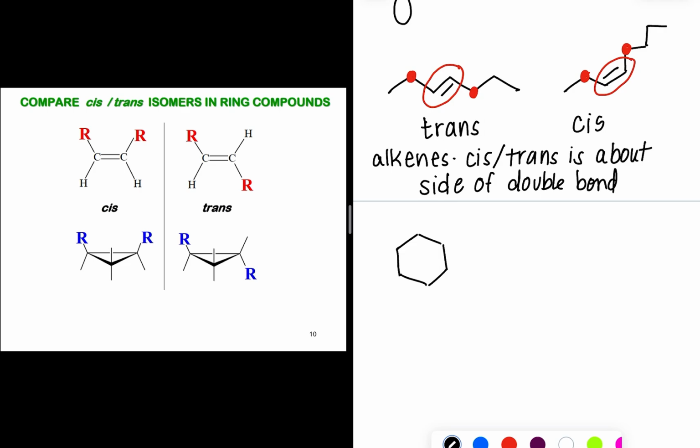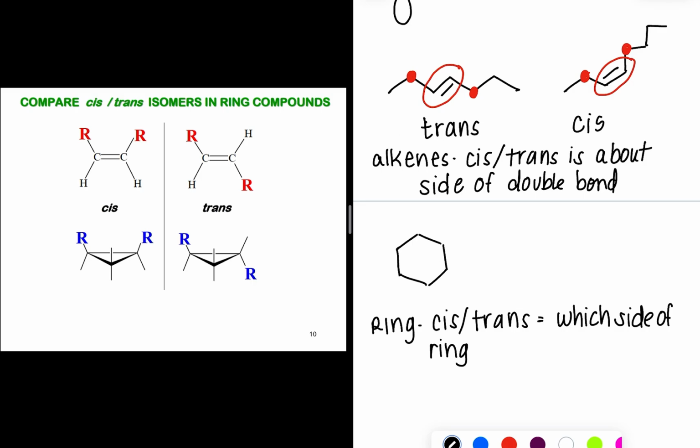In a ring, cis and trans is on what side of the ring? And this means something different. So this is more like cis and trans is going to be up or down.